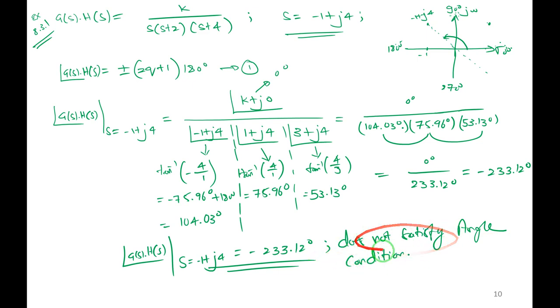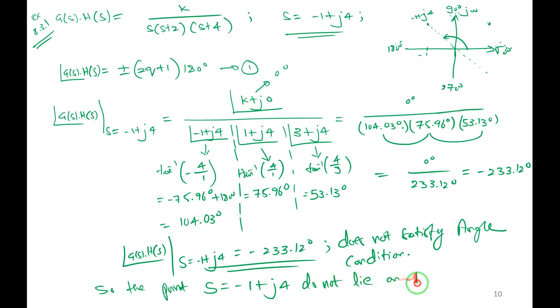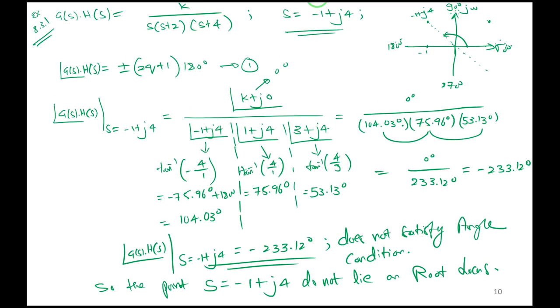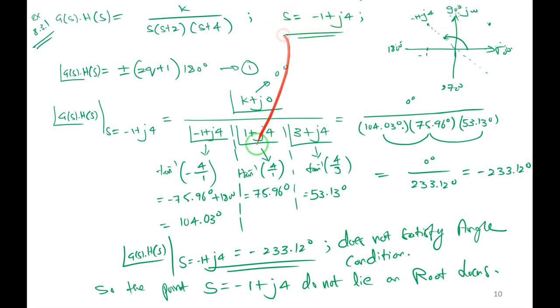Since the point does not satisfy the angle condition, the point s equal to minus 1 plus j4 does not lie on the root locus. We have proved it, right? I hope you understood.